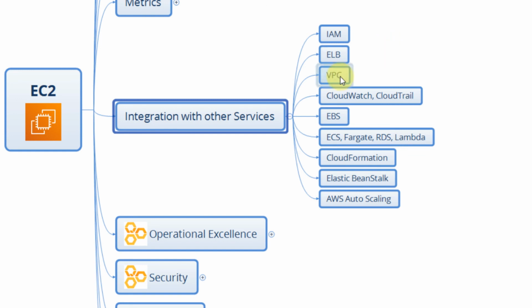VPC instances are bound in a VPC in subnets. CloudWatch and CloudTrail are integrated with almost every AWS service. EBS is closely bound to EC2 because that is where it is used. Fargate, RDS, Lambda, etc. use EC2 behind the scenes. And with ECS, the Elastic Container Service, you can have EC2 instances on top of which you can run containers, CloudFormation, Elastic Beanstalk, auto scaling, and so on.